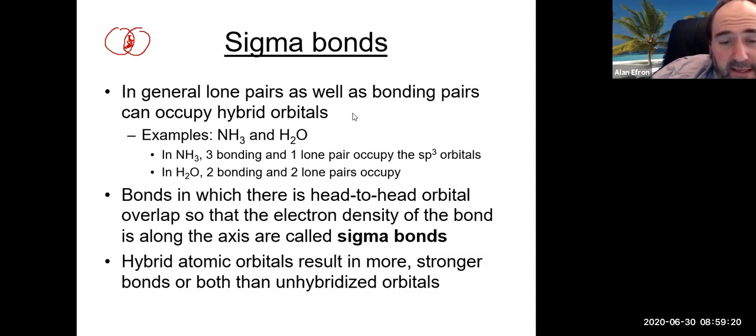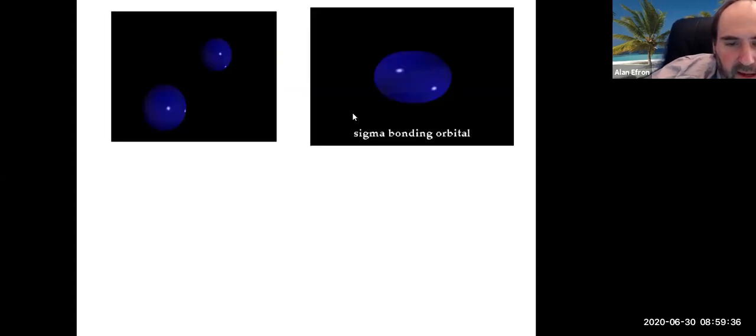Now, when we do get something like NH3, or something like water, we do get some other things that occur when hybridization happens. So here's a sigma bond here. Again, these two orbitals are coming straight at each other, heading straight for each other.